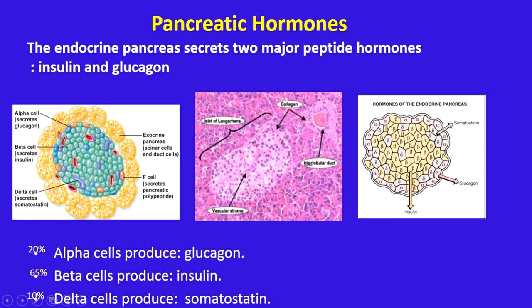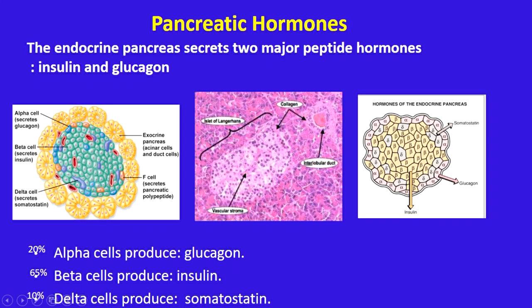They are alpha cells, which make up 20%, and the majority is beta cells. Around 10% of the cells are delta cells. These 3 different cells secrete different hormones.